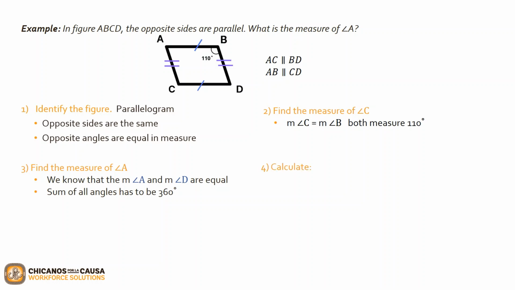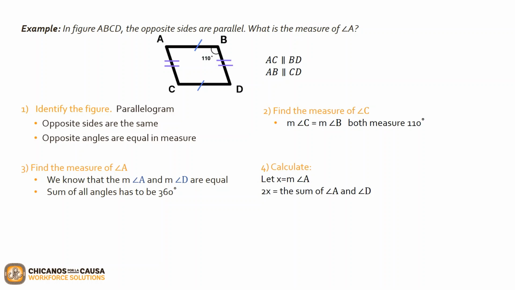So then how do we calculate that? Well, we're going to let x equal the measurement of angle A. But because we know that there are two angles that have the same measurement, angle A and angle D, we're going to have an expression of 2x.